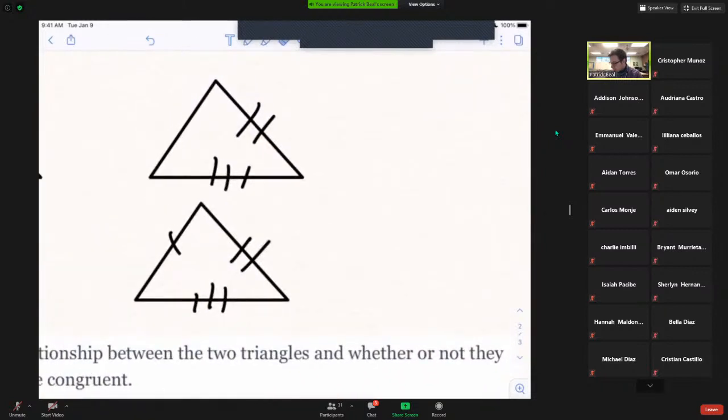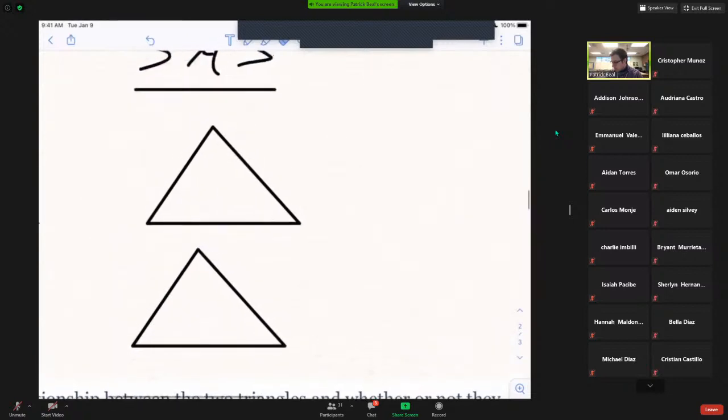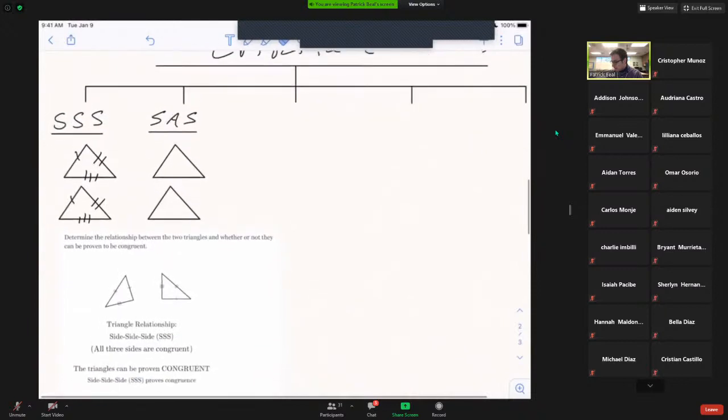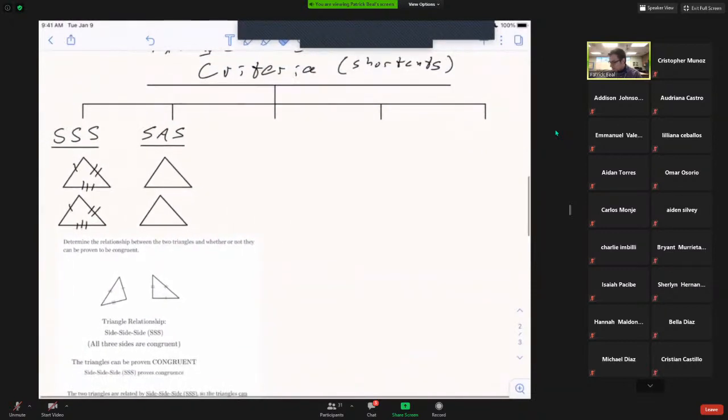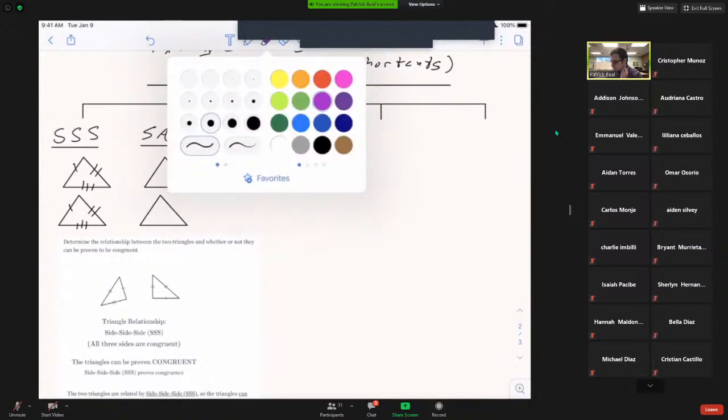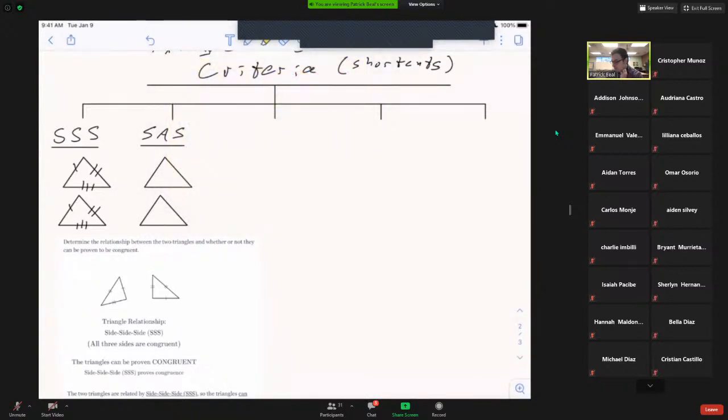And get rid of these. All right, so for side angle side, SAS, we need to know two pairs of sides.